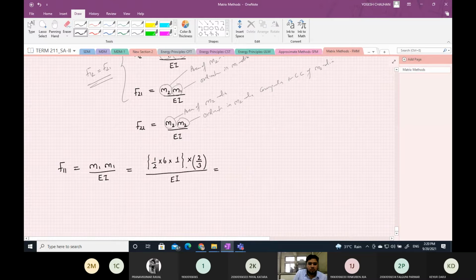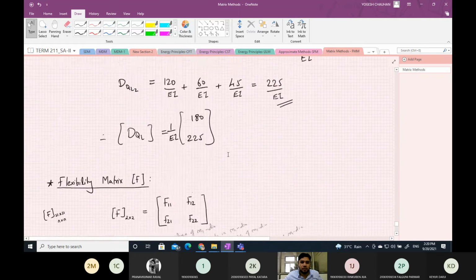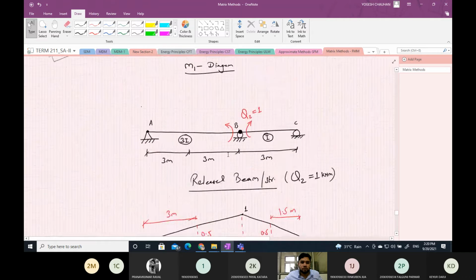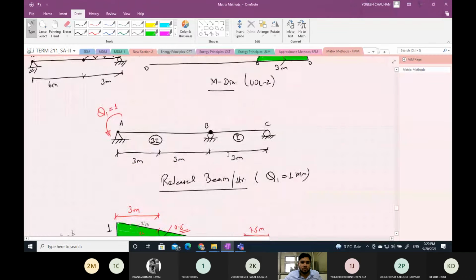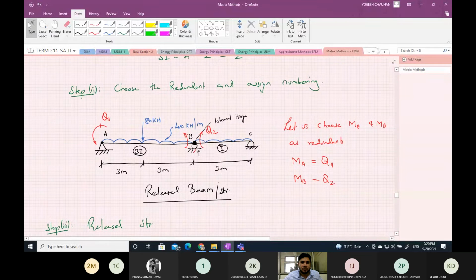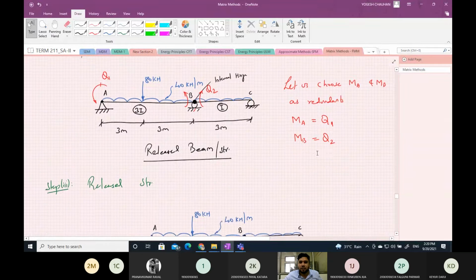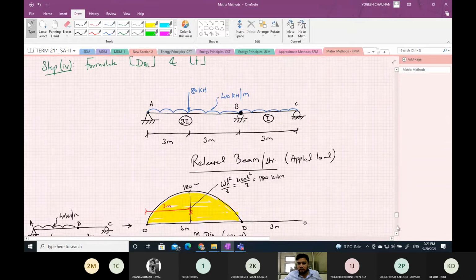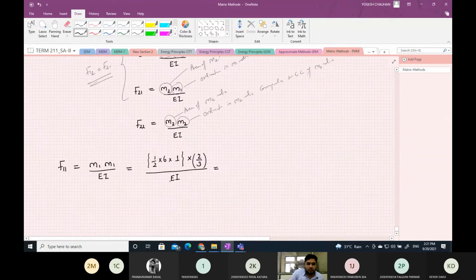Also, EI for the first segment is 3 EI and for the second segment is EI, the I for this member is 3I, so it will be 3 times EI.